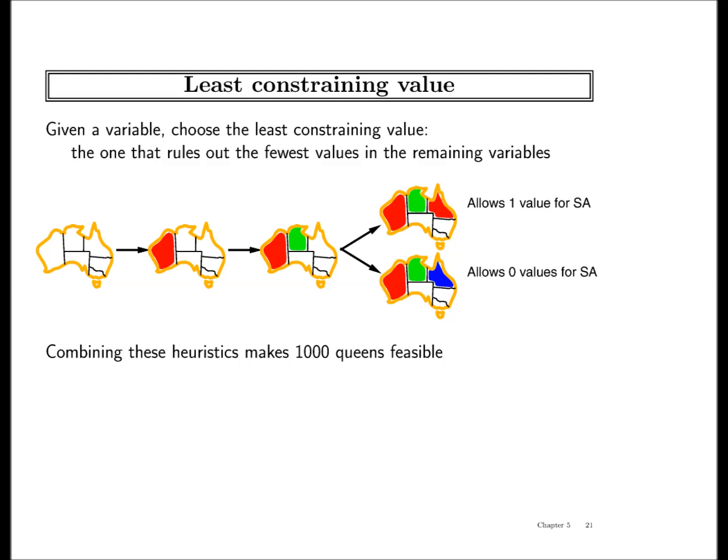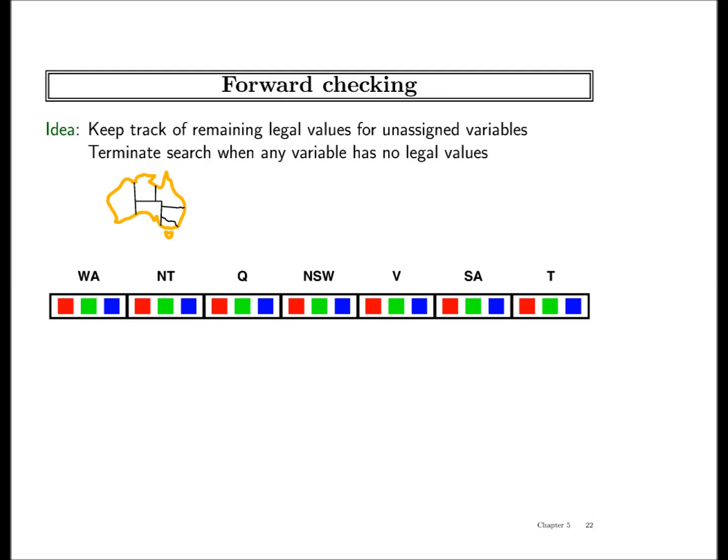So how do we keep track of what happens if we assign a variable? How does it affect the remaining variables? Let's talk about forward checking. Forward checking says the following: keep track of remaining legal values for unassigned variables. We were always doing that, but now we'll be propagating this information forward.